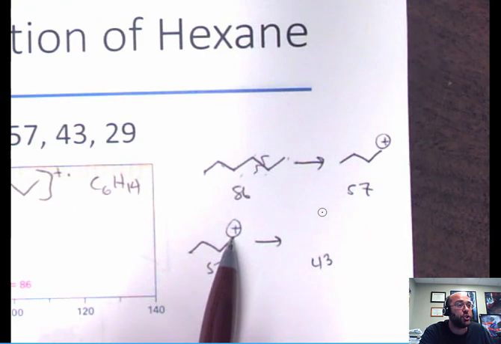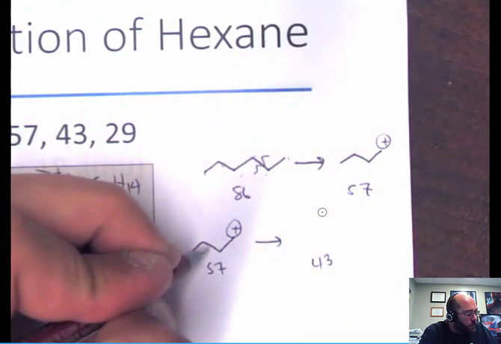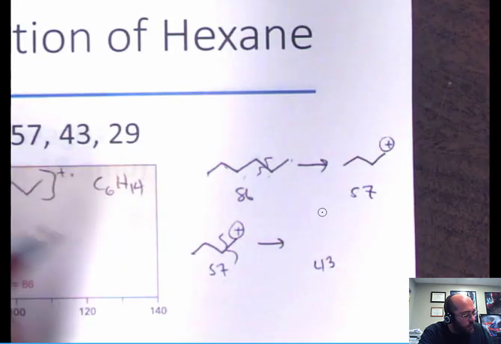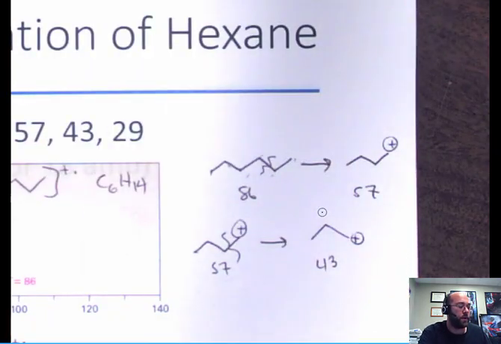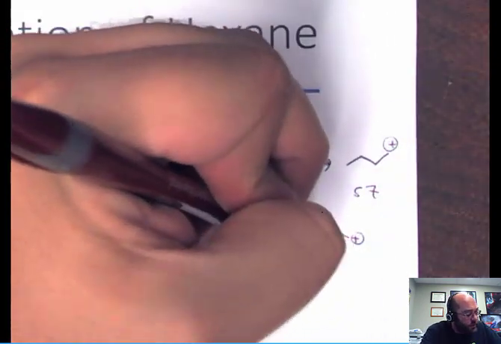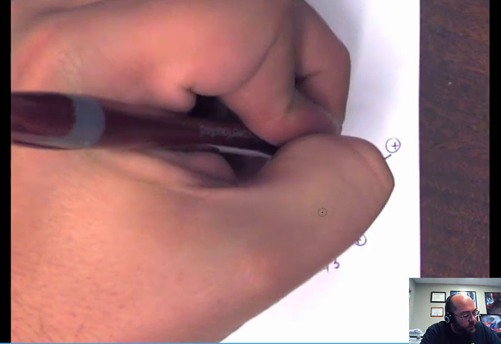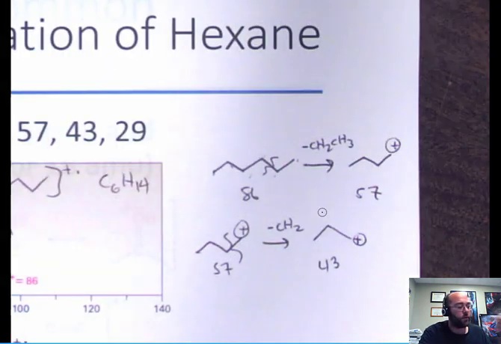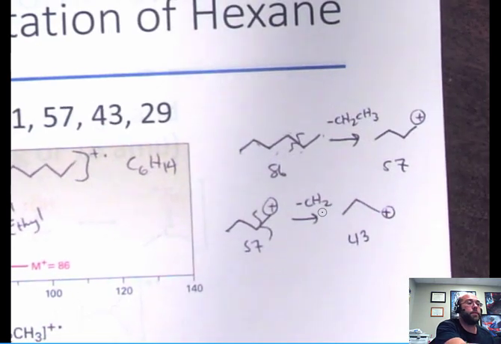That's a CH2. So if I cut this, that tells me that I have a 3-carbon chain with a plus charge now. So I cut off a CH2, I said minus CH2, CH3. I broke off an ethyl. And you can repeat this process for all of them.